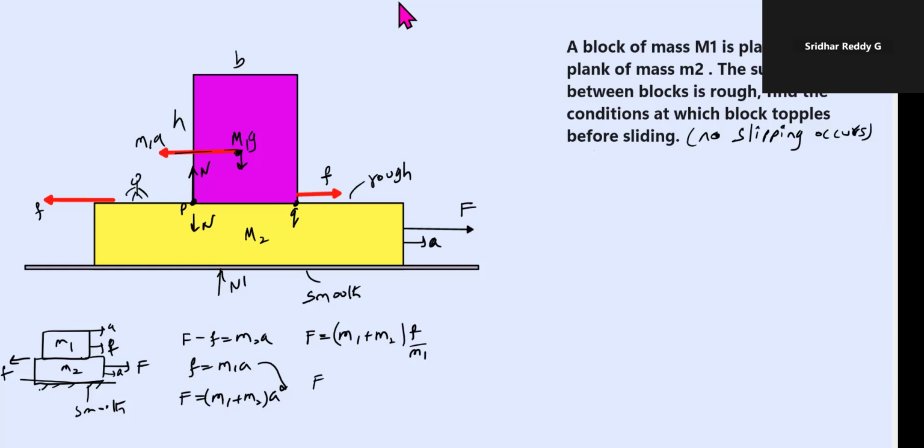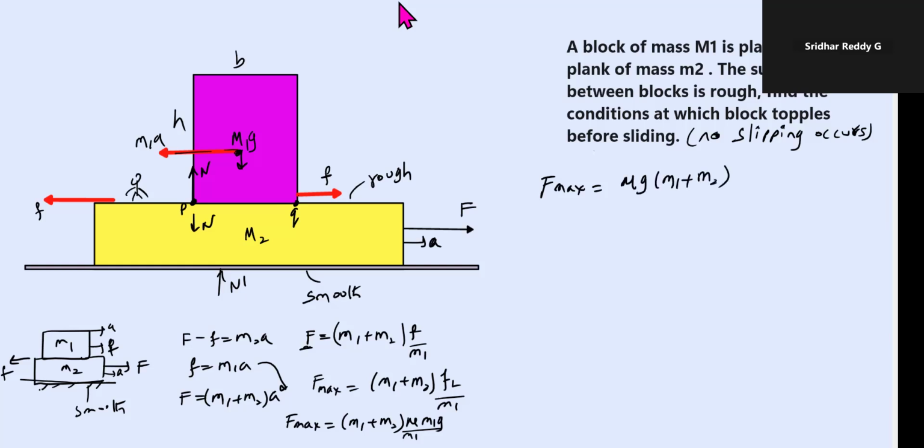As you increase the applied force, the friction force will also increase. What is the maximum permitted value of friction? When you apply this maximum force, the friction force acting between the blocks will be limiting. Then the maximum force for no slipping will be mu g (m1 plus m2).